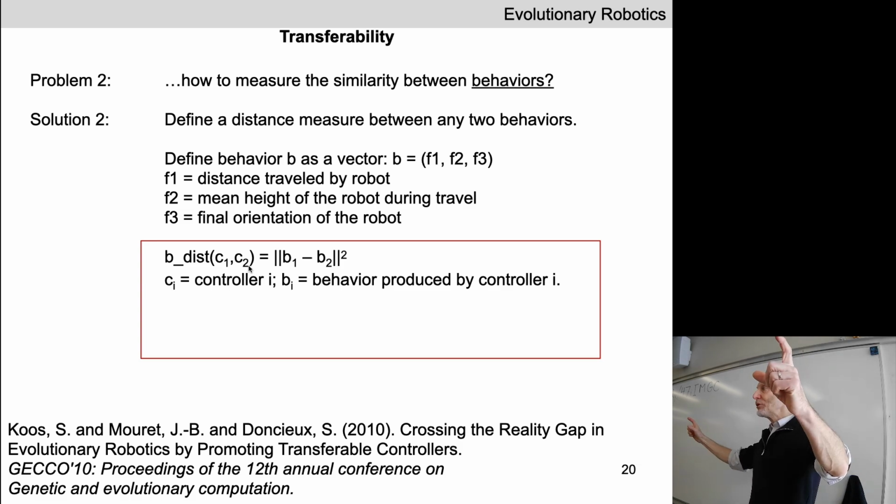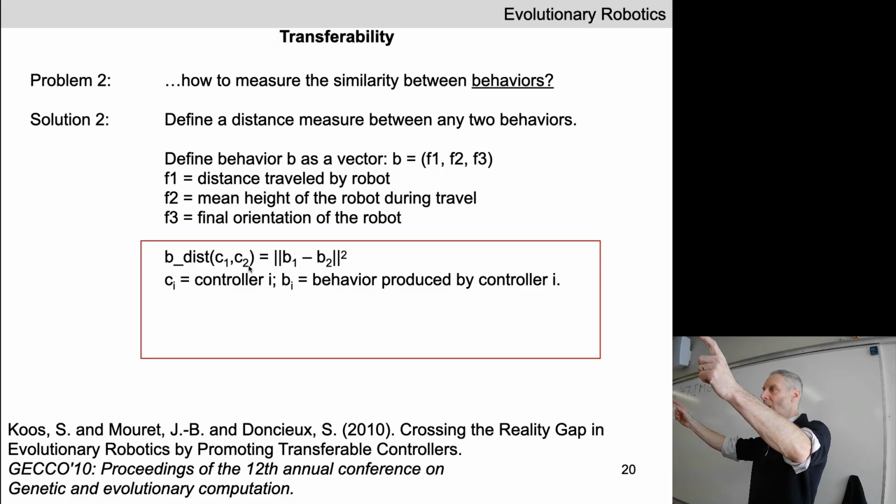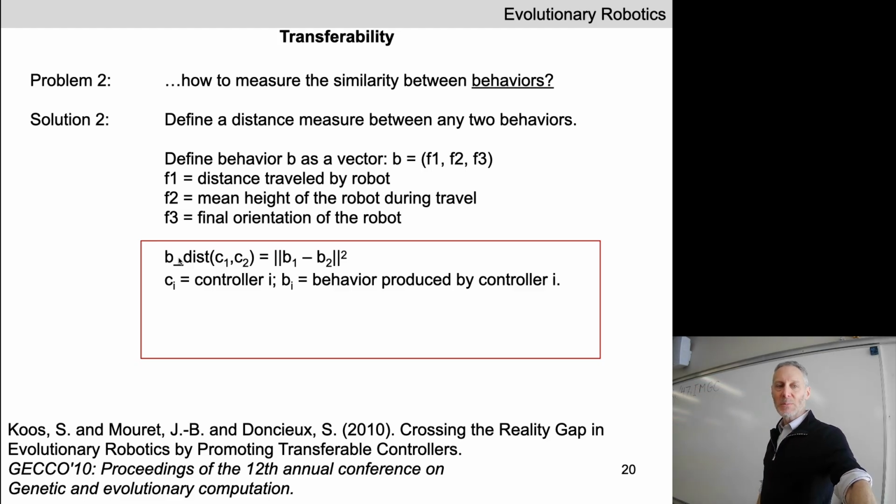Let's assume we have 2 different controllers, 2 different sets of synaptic weights. We run each one on the simulated robot, and the behavioral distance caused by those 2 controllers is 0. Can that happen? What would that mean?